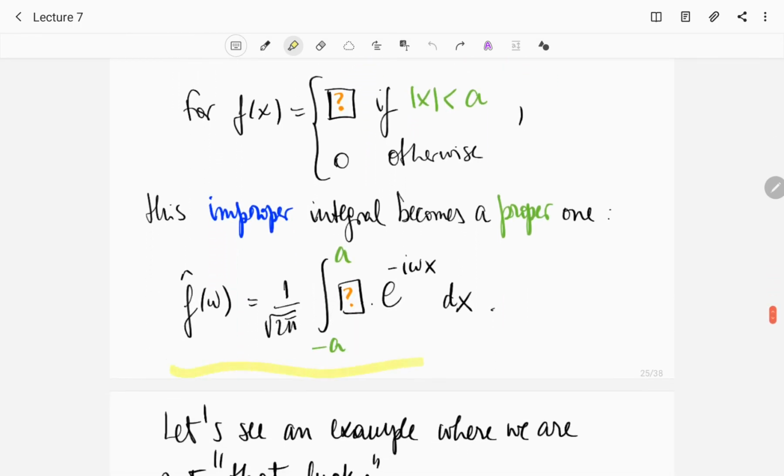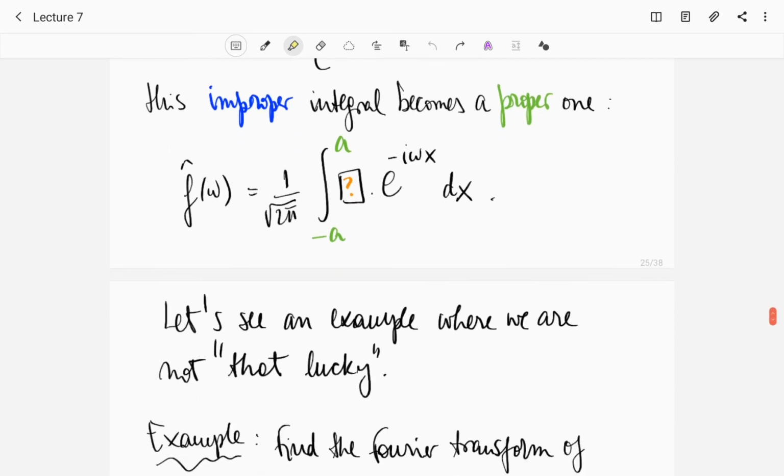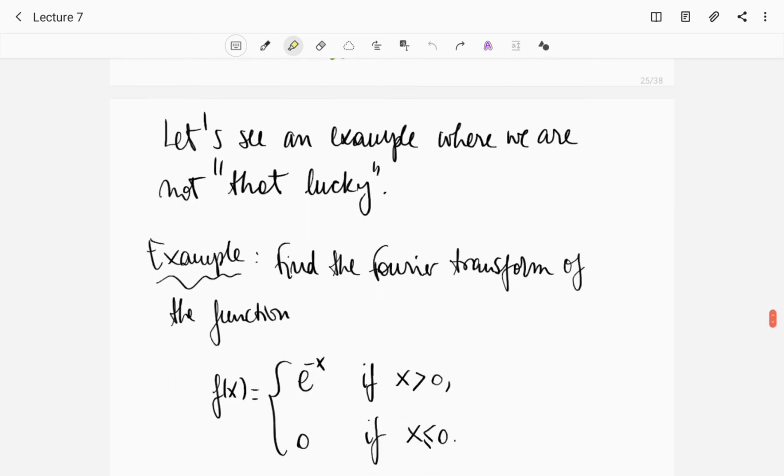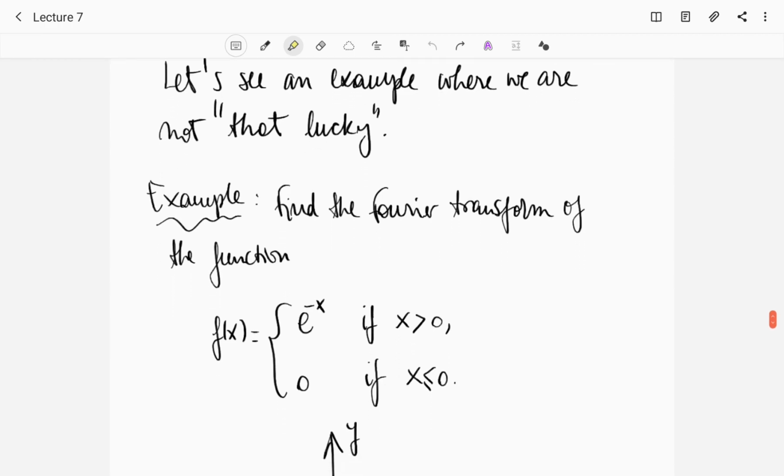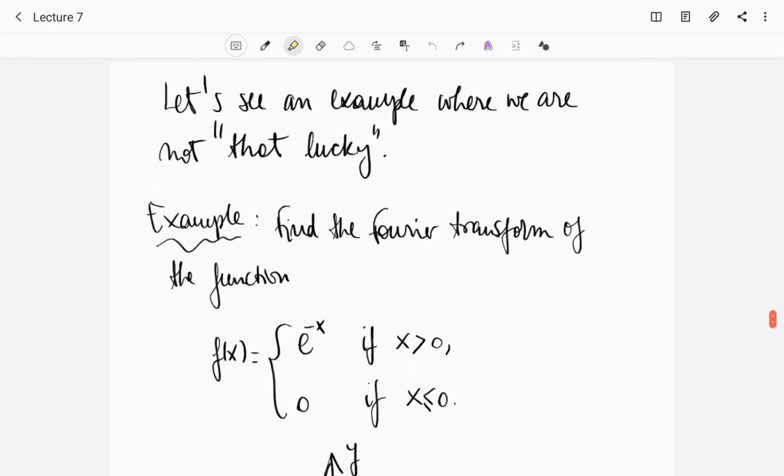Which is exactly what is written here. And that's why, let's say, the other example was an easy one. So now let's see an example where we are not that lucky and we have to work a little bit harder.